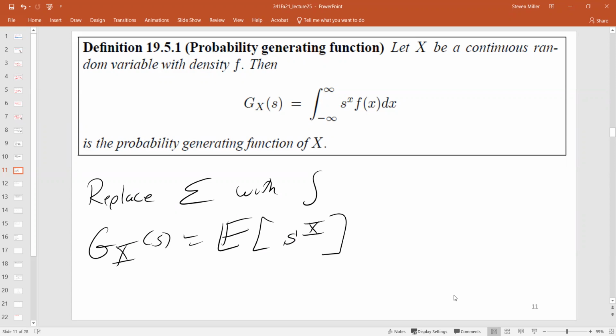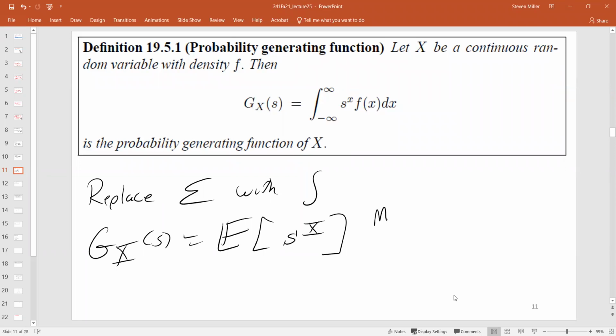Now, one of the problems is we do not have all these uniqueness results in the case when we have a generating function coming from a continuous setting. And so, again, here we're not defining it as a sum. So what we're saying is really the good way to define a generating function is through the expected value.